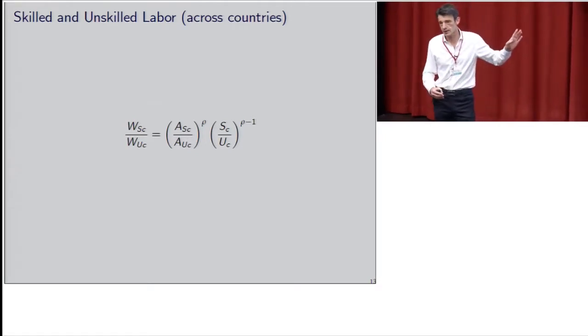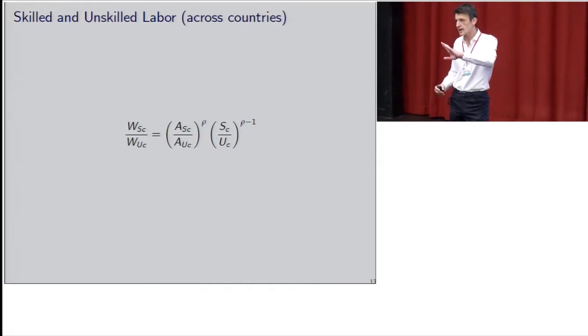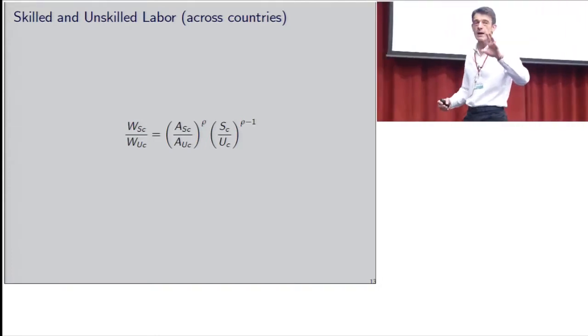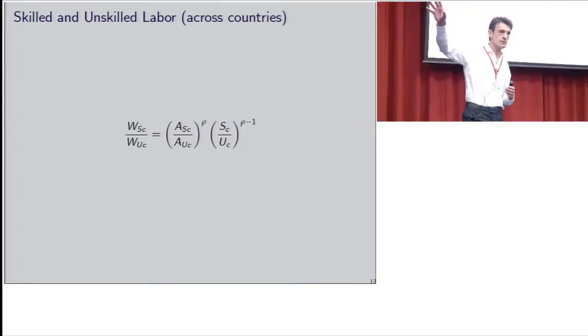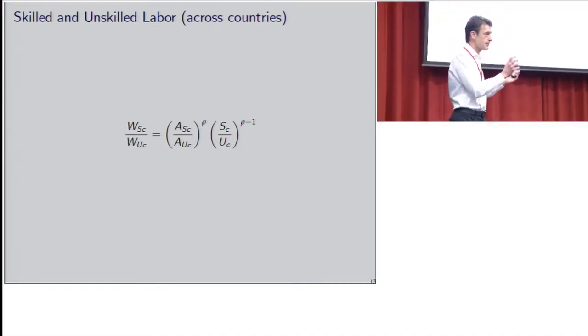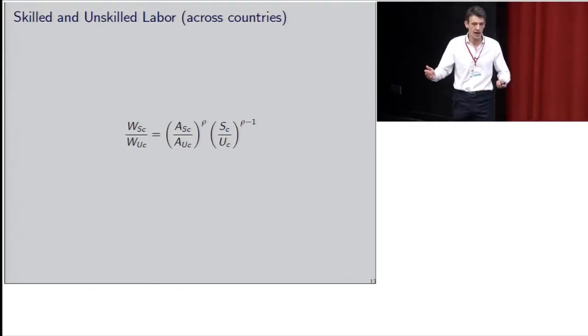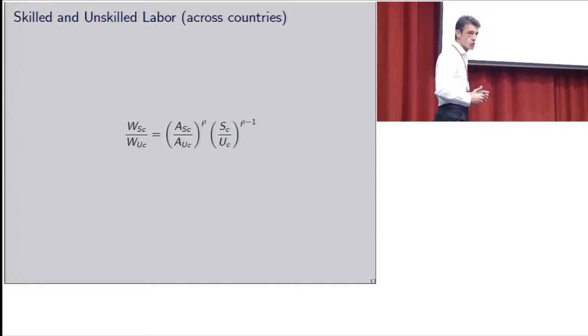For my baseline, and let's take it as given that I've done a lot of robustness checks for the things I'm going to tell you, so you just trust me on that, I'll have everybody with high school completed and less being unskilled, everybody above that being skilled, and let's further weight people within these categories by relative wages. So that, for example, a college graduate contributes more to the skilled labor input than a college dropout, say. And that's going to be basically my measure of the relative supply of skills.